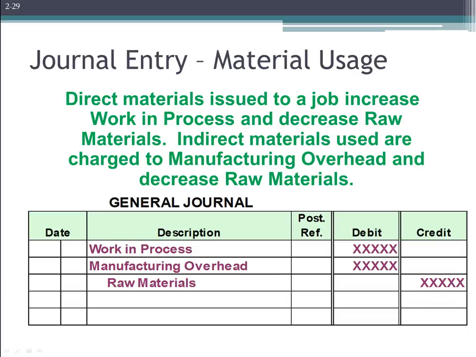The other materials that we're using in the manufacturing facility to help us create it, but we can't trace specifically to units of production. Good examples are grease or parts for the machines that we're using in our plant, or anything else used in our plant that we can't directly trace to the units of production, goes into overhead.